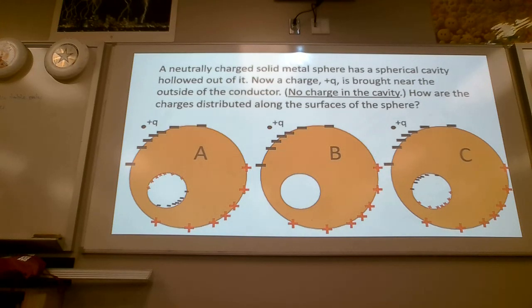Correct answer is B. Okay. Josiah: there's not any charge in the metal, with or without the cavity, right? Correct.